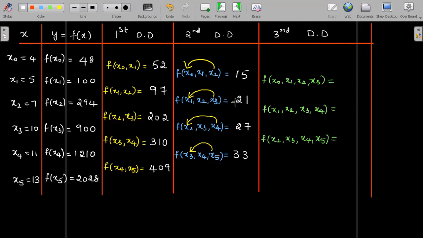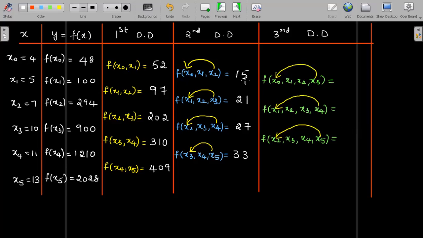For the numerator, it is the difference of consecutive second order divided differences, and for the denominator, as usual, the difference of the extreme values. So x3 minus x0, x4 minus x1, x5 minus x2, like this for the denominator. For the numerator, it is as simple as that: in the previous column, latter minus previous.